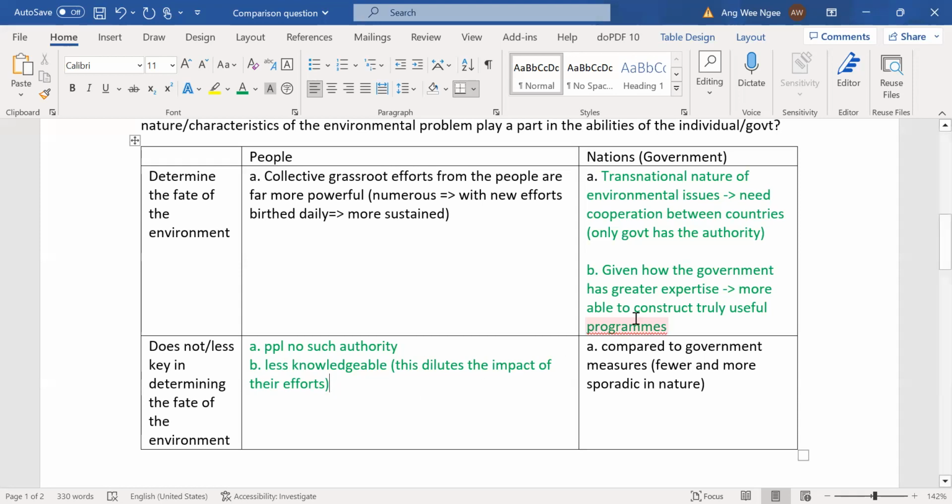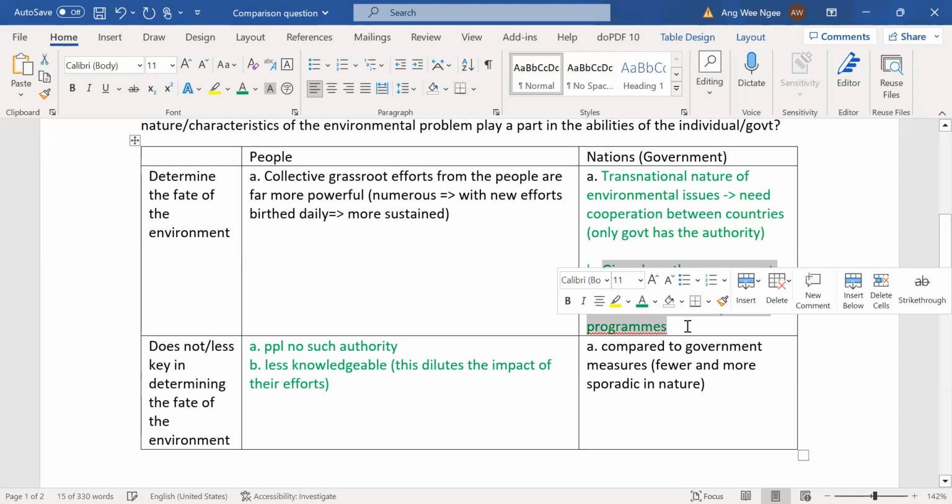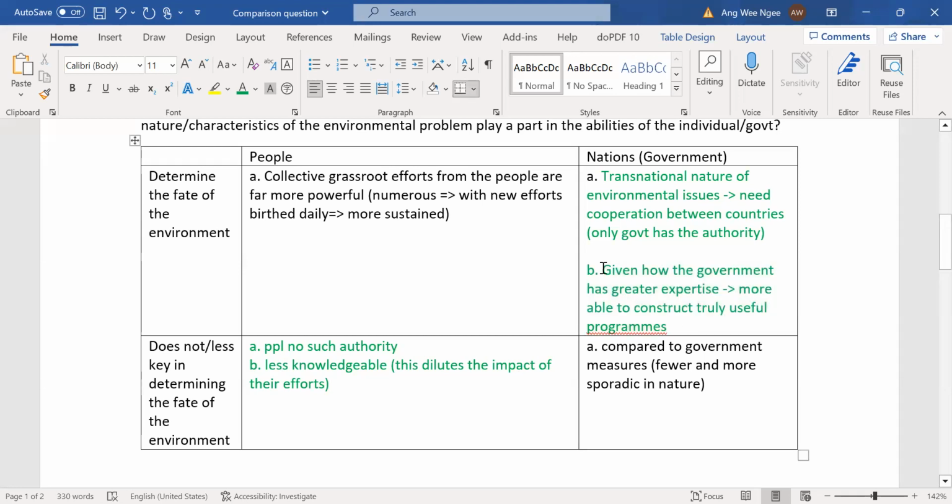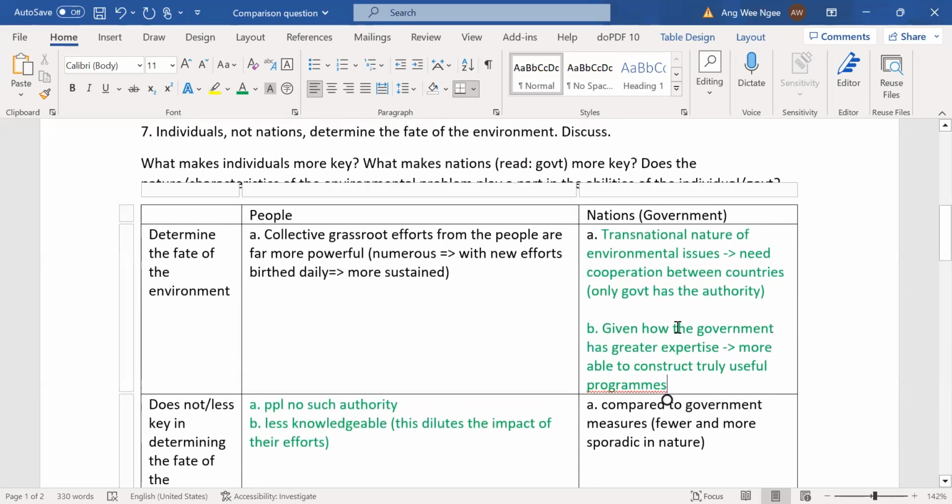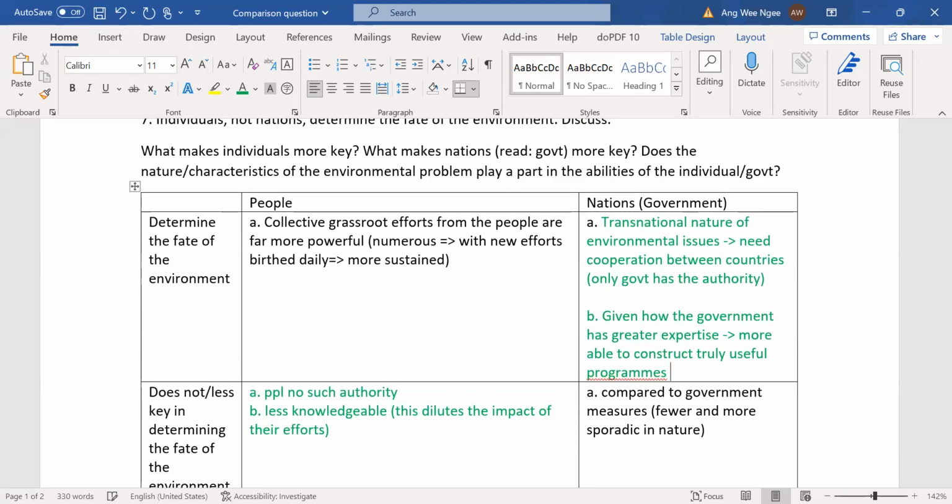So only governments who have more access to such knowledge can bring about more meaningful actions. Therefore more effective, and so more important in determining the fate of the environment.